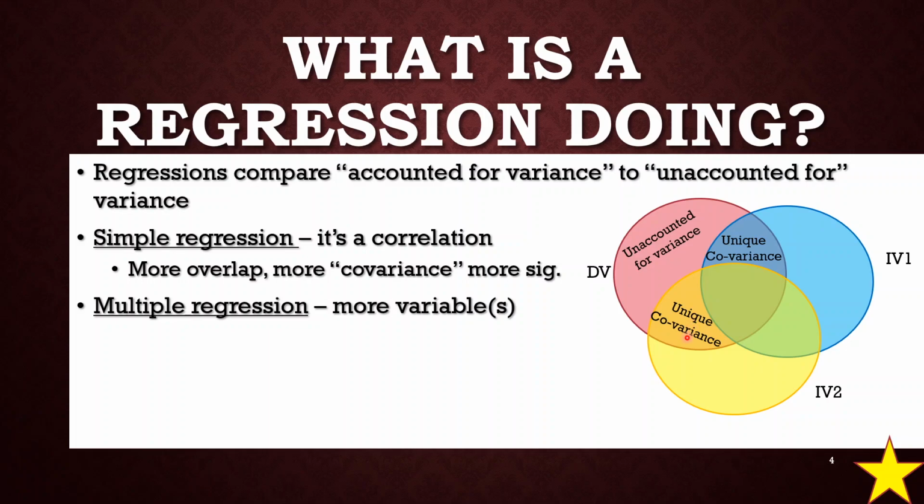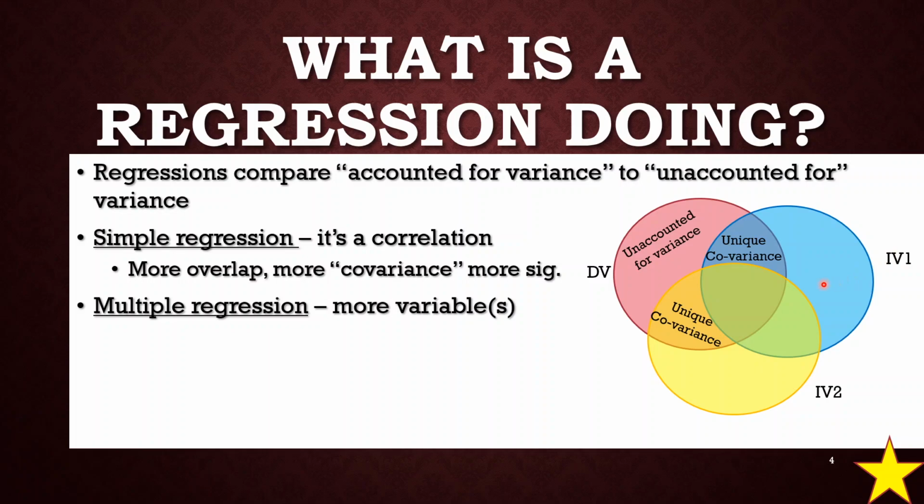This is why when you add in another variable, variables can lose significance if a lot of their covariance becomes shared covariance and is then ignored. This is also why when you add in a variable, another variable can become significant.